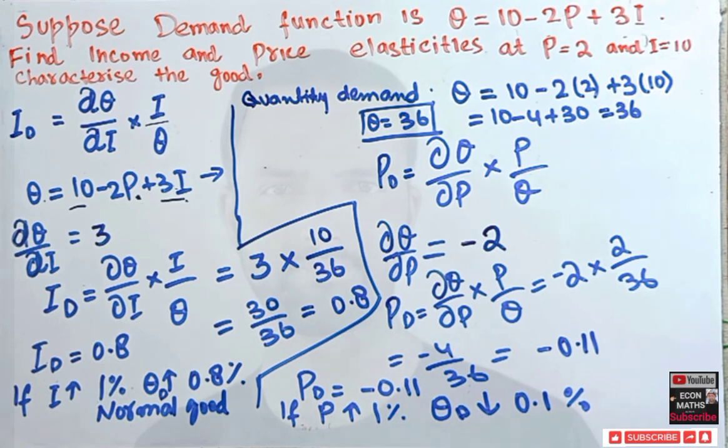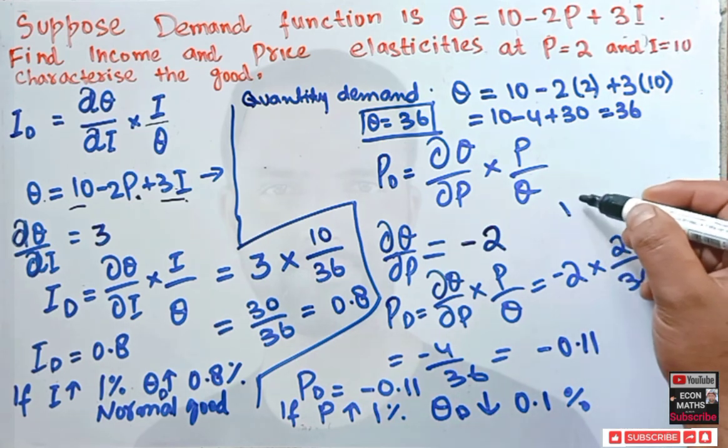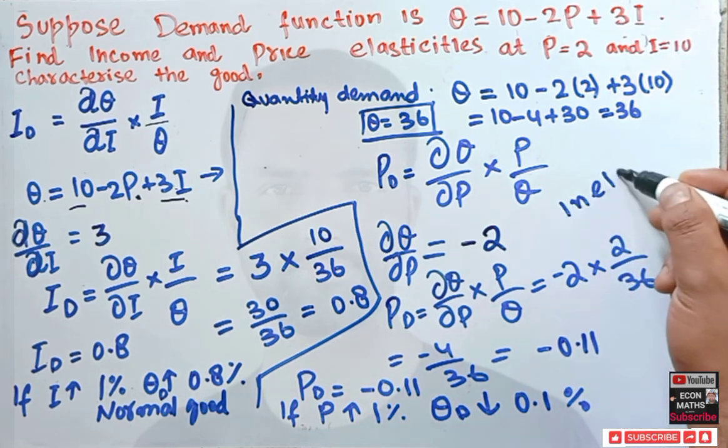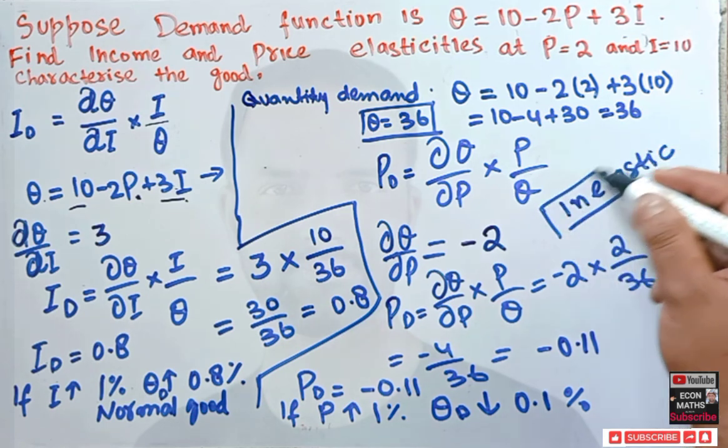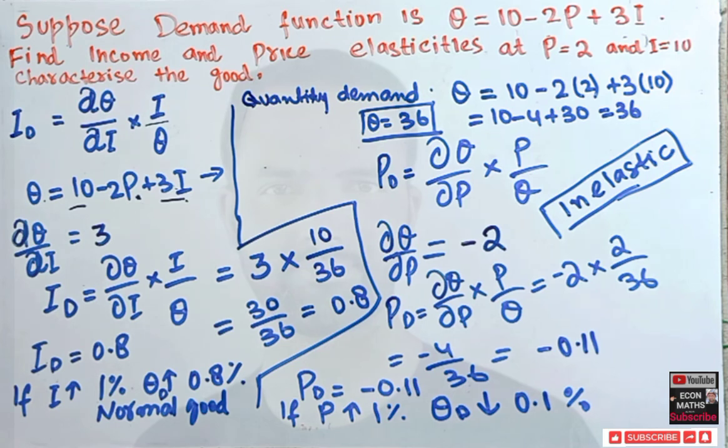Because if price changes by, let us say, 10% and quantity demanded decreases only by 1%, we say the good is inelastic. So in this case we have an inelastic good. I hope I make myself clear.